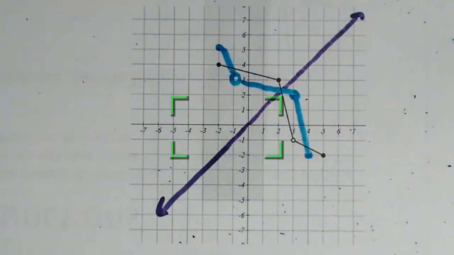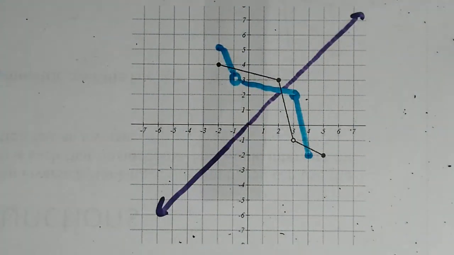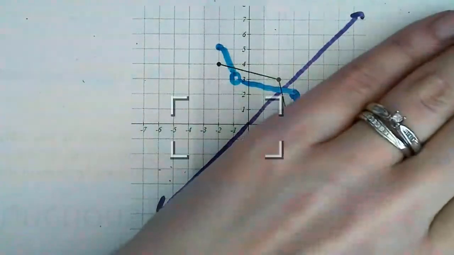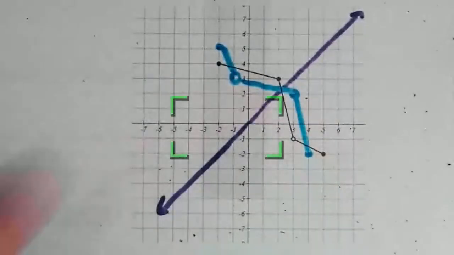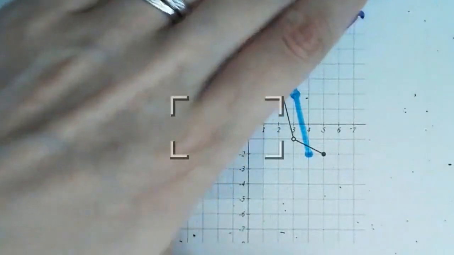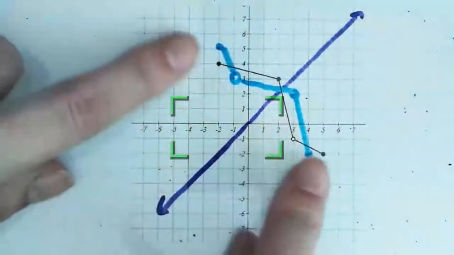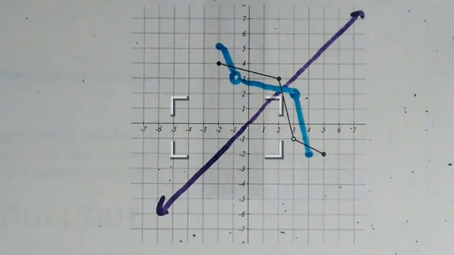It probably doesn't look like quite as well of a reflection over that line, but it's hard to picture when you have part of it on one side and part of it on the other. If you just look at that half of the original function, you might be able to see how it mimics that on this side. And then if you look at this side of the original function, you might see how it mimics it on that side as well.